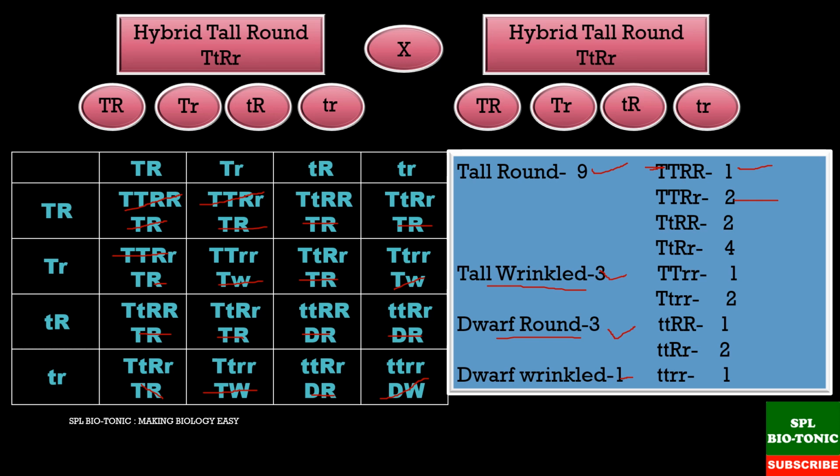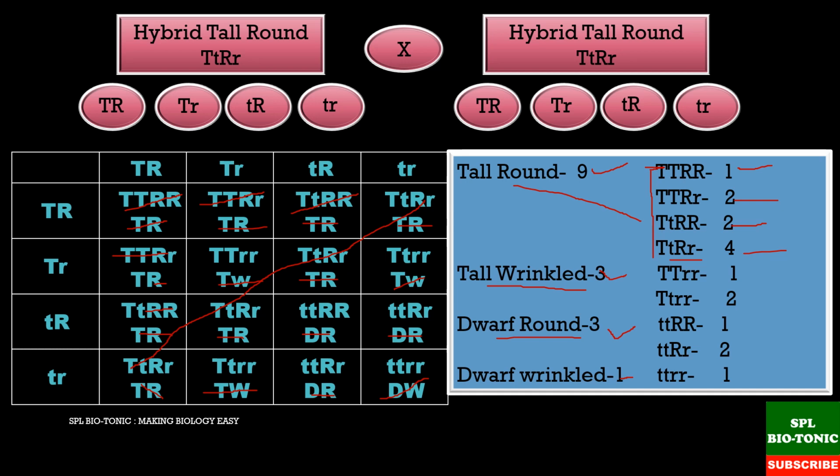Then capital T small t capital R capital R is also repeated twice in the checkerboard, and all these diagonally opposite 4 offsprings show the capital T small t capital R small r genotype, so that is the fourth one. So for tall round plants we get these 4 types of genotypes: capital T capital T capital R capital R, capital T capital T capital R small r, capital T small t capital R capital R, and the last is capital T small t capital R small r.